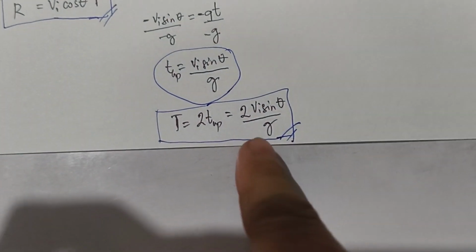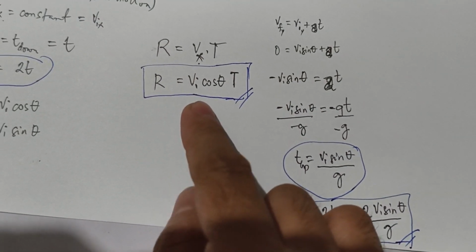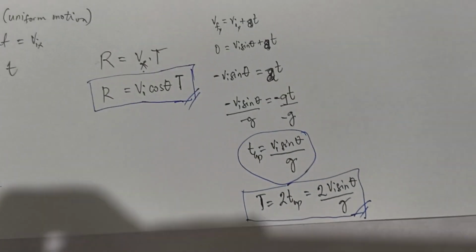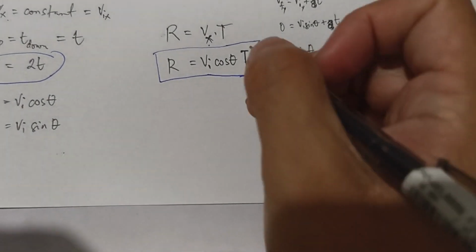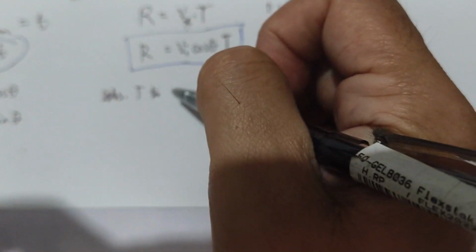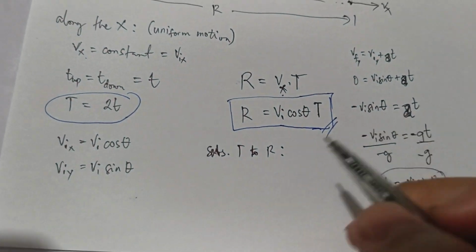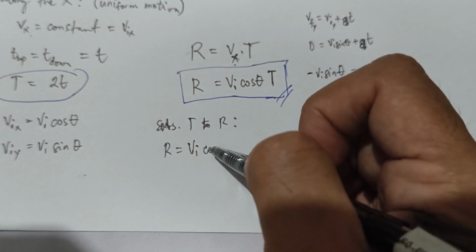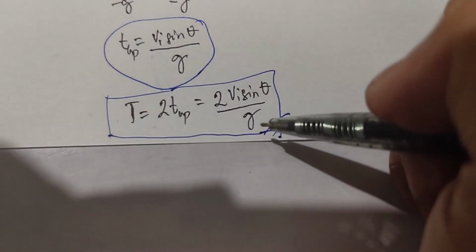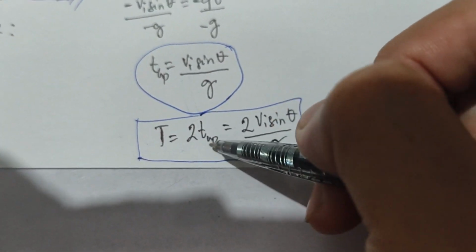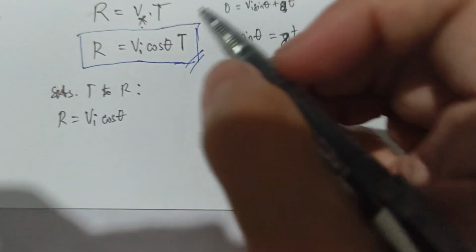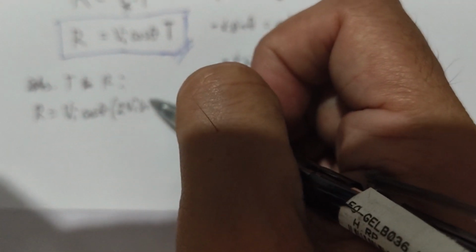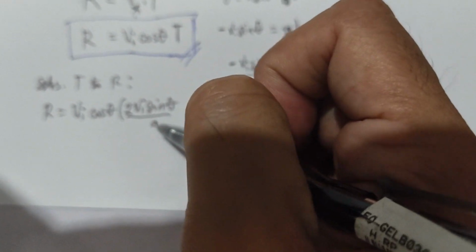Okay? So as such, if we substitute this to our formula of the range, we will have an alternative formula for range. So substituting t to r, we have r is equal to Vi cosine theta times ito yung t natin, yung twice of the smaller t, which is equal to times 2 Vi sine theta divided by g.